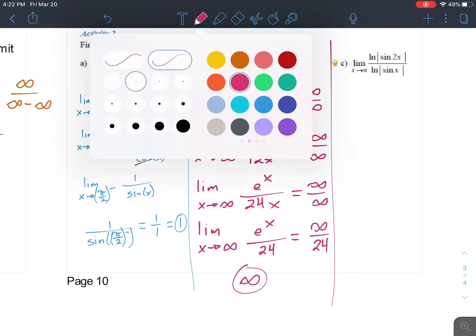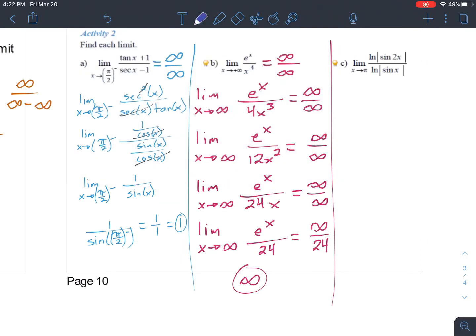Okay, then for our last one. If we put in pi for each of these, we're going to get, I'm going to do it down here just for right now, natural log of sine of 2 pi. Well, the natural log of sine of 2 pi, that is going to be natural log of 0.